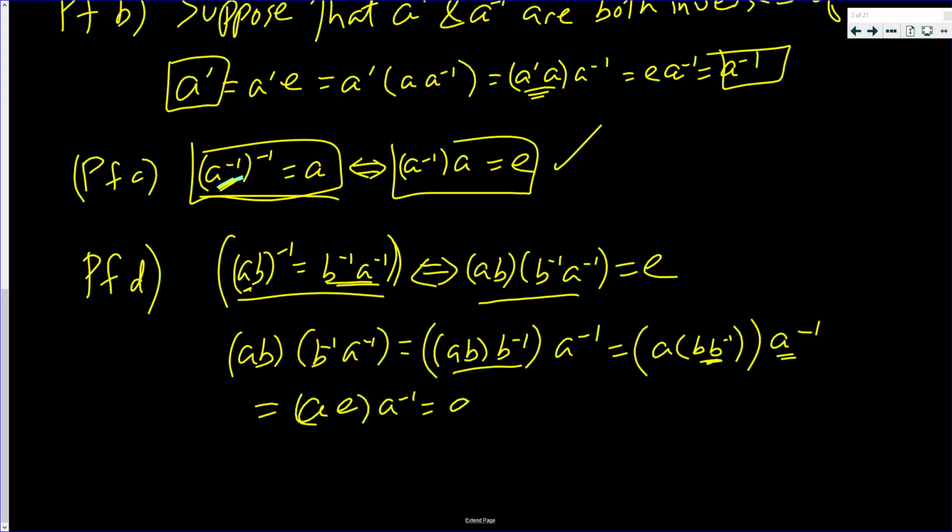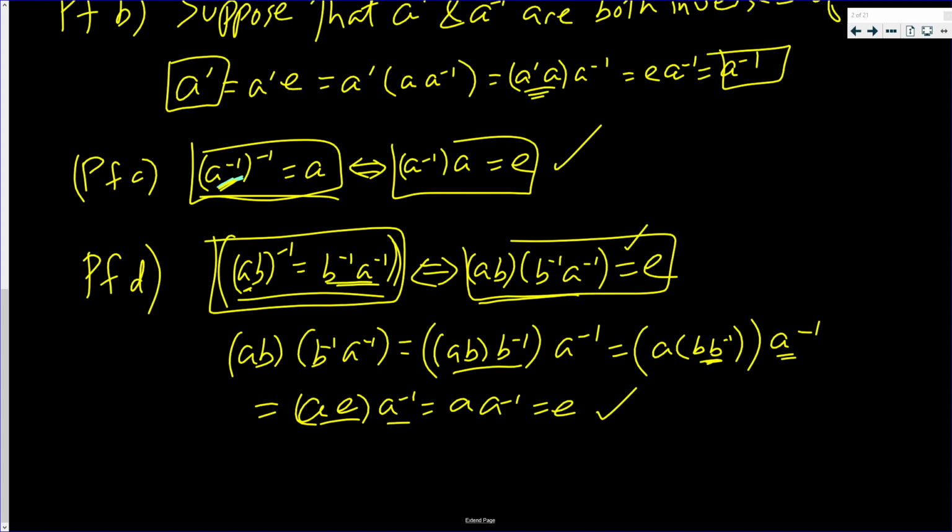But A times E is A. That's A times A inverse. We get E. So yeah. Since this is true, then this is true. That completes this lemma. Proved all 4 facts, probably in just a couple of minutes.